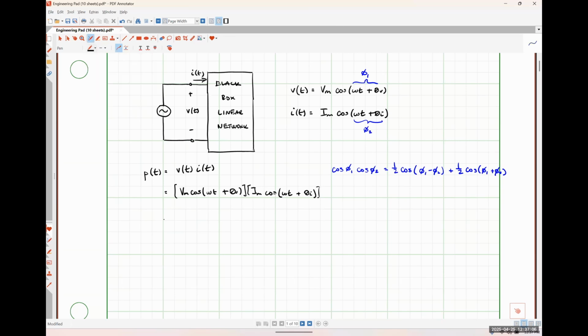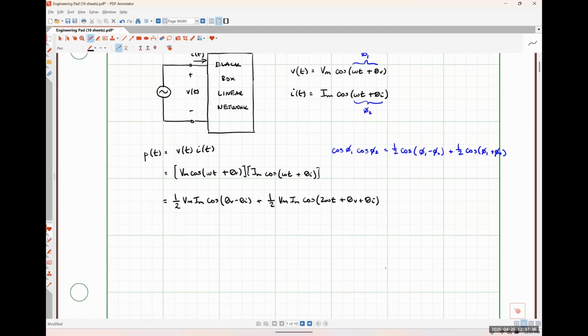So applying that trig identity, I'm going to wind up getting 1/2 Vm Im cosine theta v minus theta I plus 1/2 Vm Im cosine twice omega t plus theta v plus theta I as my instantaneous power.